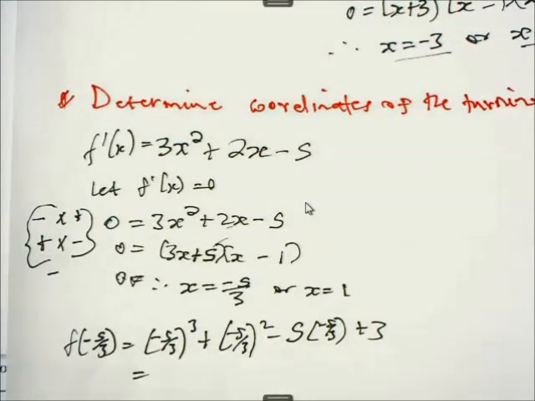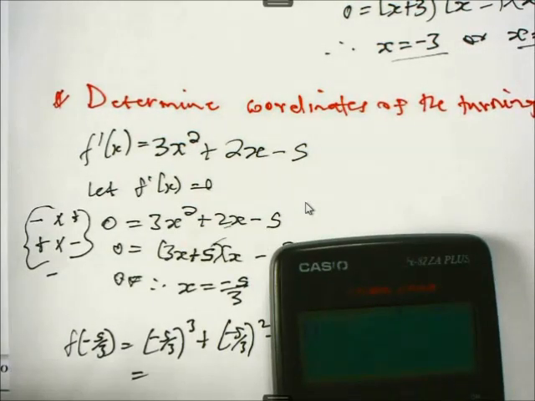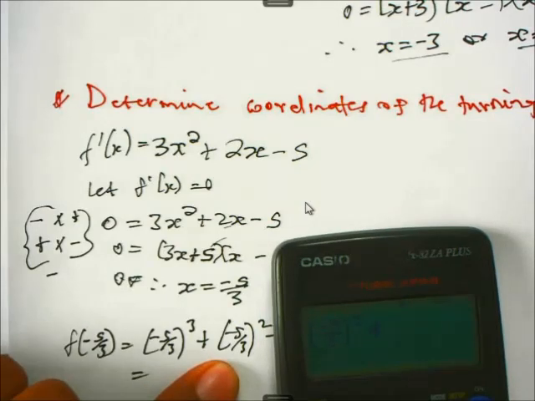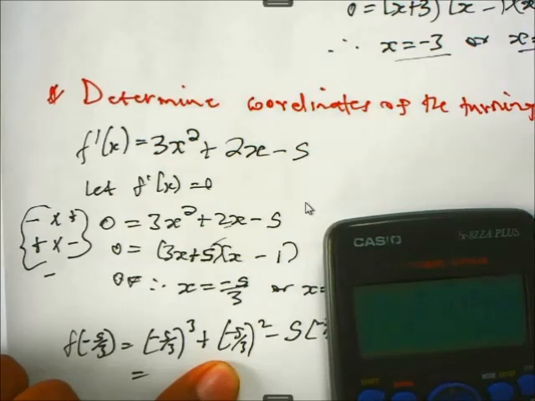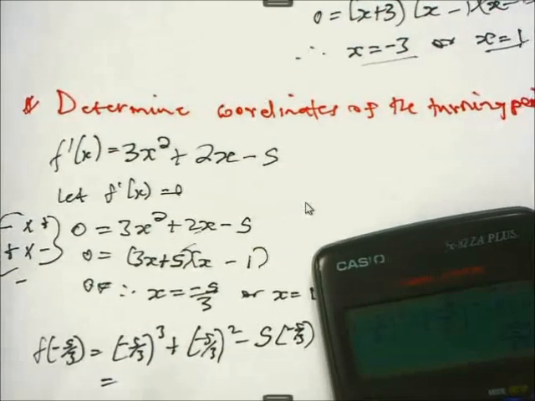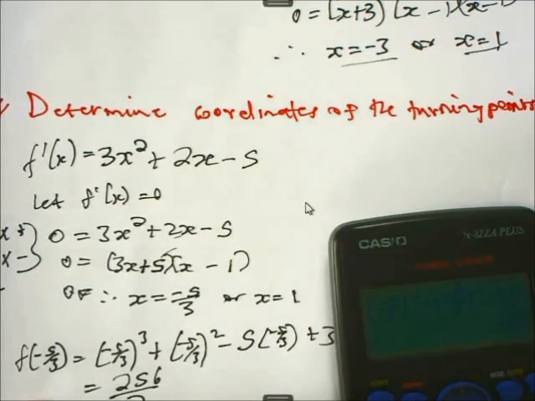And then of course, boys and girls, because I'm trying to save time, I'm going to take this one to say, okay, that will be minus 5 divided by 3 to the exponent of 3 plus, of course, we also have minus 5 divided by 3 squared, and then we have minus 5 times minus 5 divided by 3, of course, and then plus 3, and then we have what? We have 256 there, divided by 27.